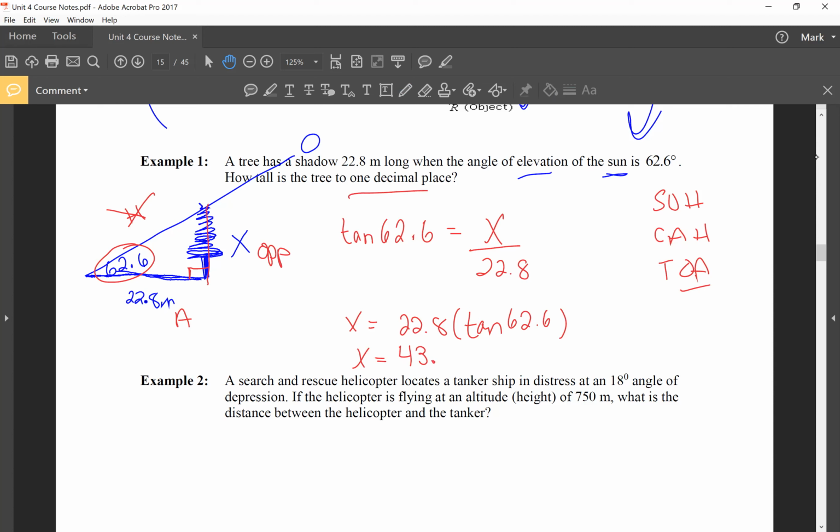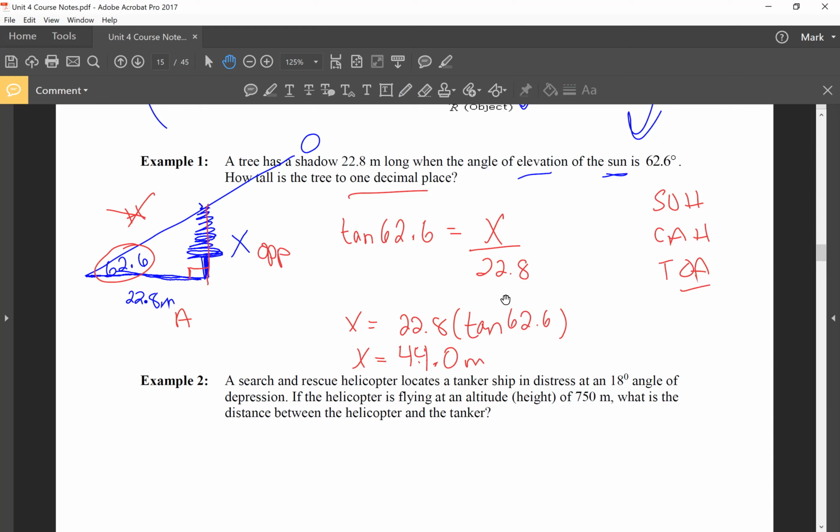It says 1 decimal place, so this would actually be 44.0 meters. If you said 43.9, I don't care, but this would be 44.0 meters. Very big tree.